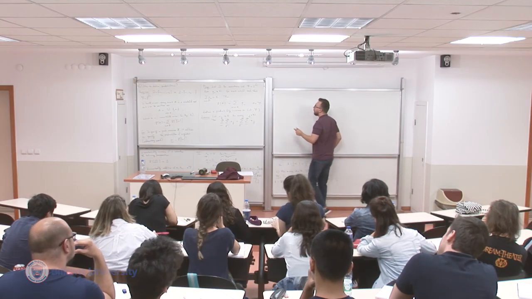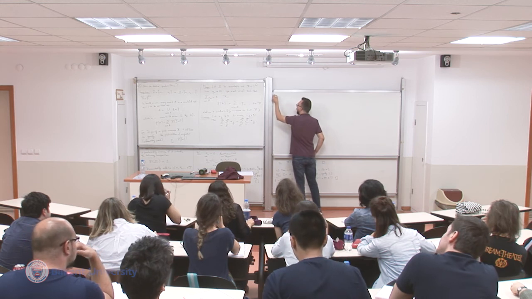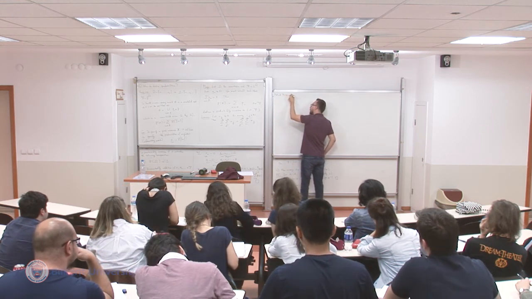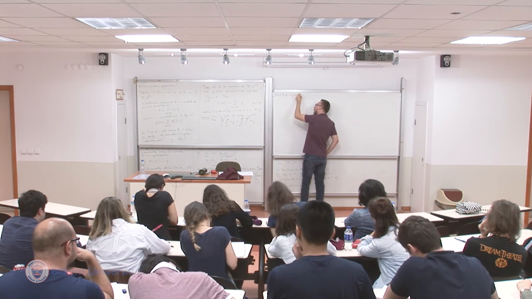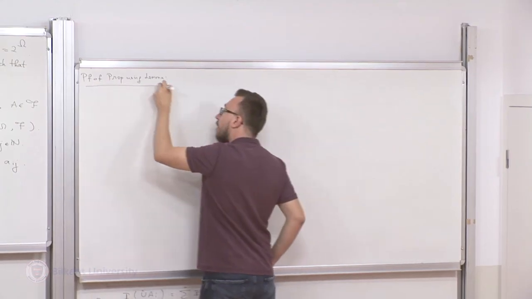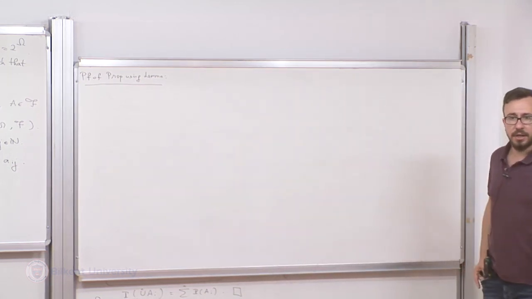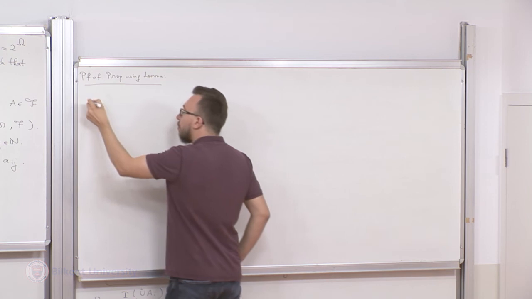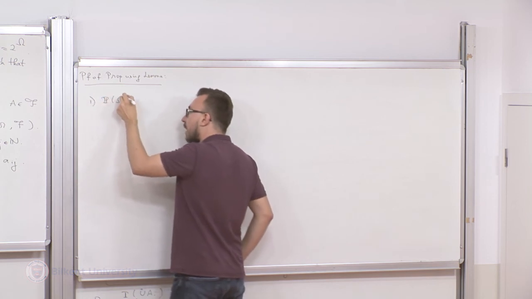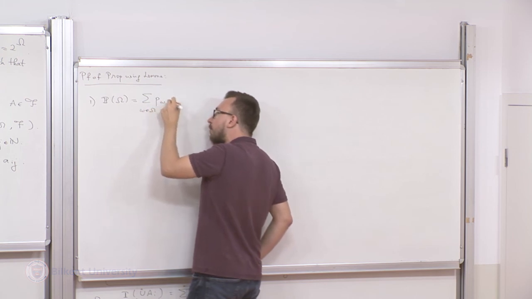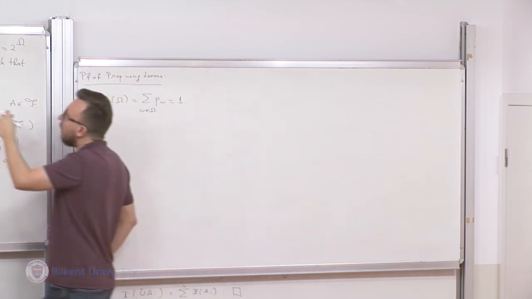Well, let's first prove the proposition, proof of proposition using the lemma. Well, we need to check P is a probability measure. So probability of the full set is just the sum of all P omegas, which is 1 because they are picked this way.